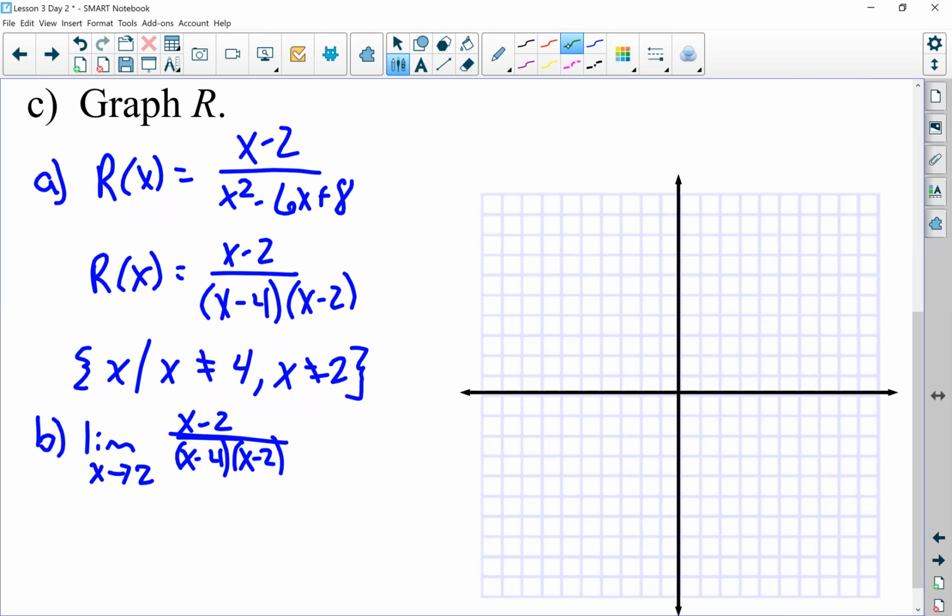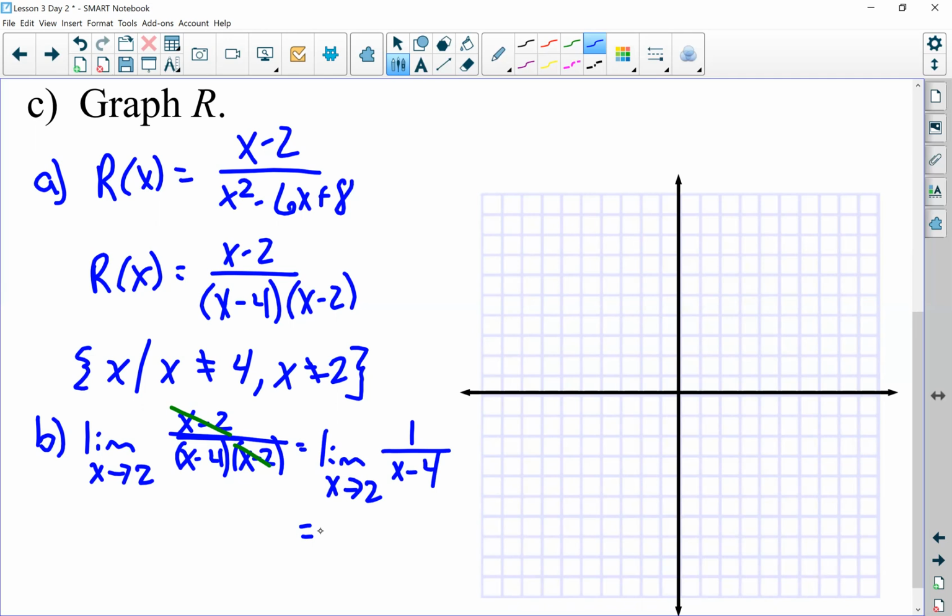And as x approaches 2, well, we have this common factor that we can cancel. So as x approaches 2, it behaves like 1 over x minus 4. Actually, it behaves that way for any value except for 2.